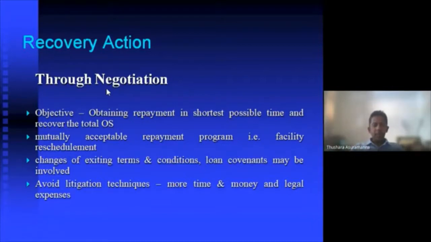So probably we can do facility reschedulement or restructure, where both parties sit and agree on a tenor, terms and conditions, additional collateral, and revisiting the loan covenants if possible. Right? So this is again win-win because we are not going to litigation. If you go to legal litigation, it involves more time and money. We try to avoid that.